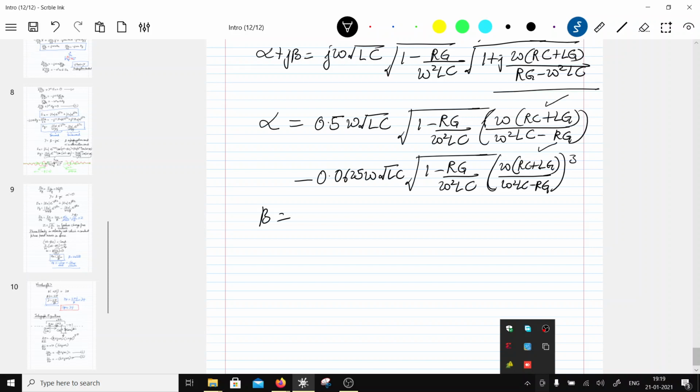So this will cause alpha to become 0. So if R equal to 0, if G equal to 0, then alpha would become 0. Okay, so this is correct. Now let us consider beta.